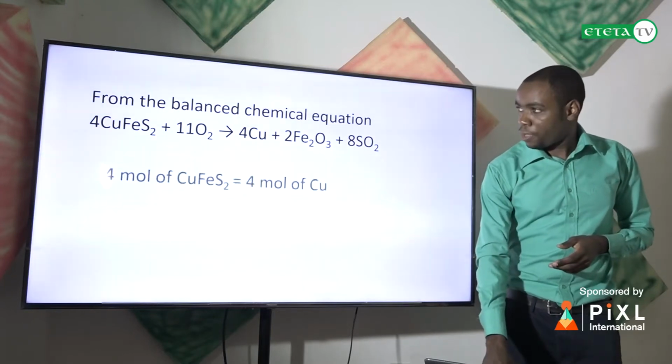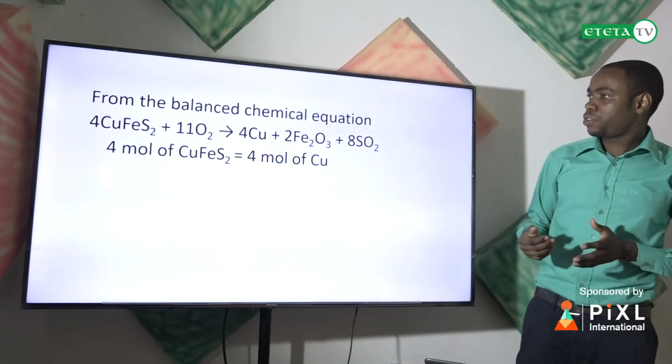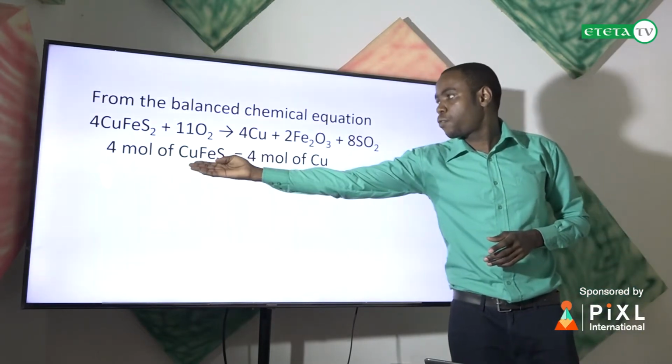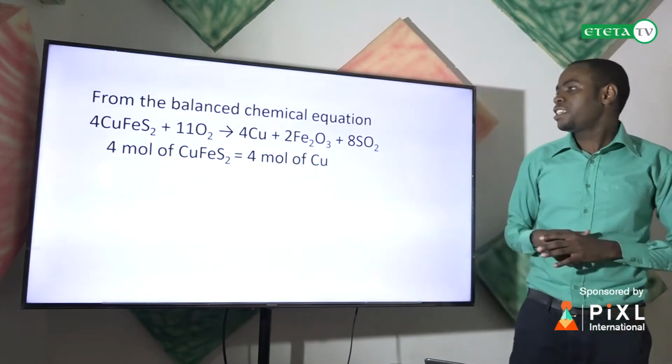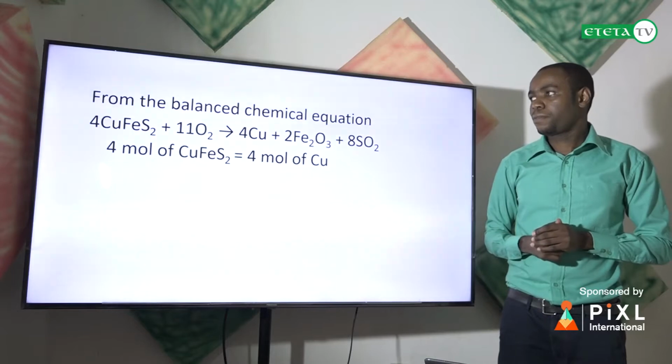So here we use the mole ratio to solve this question. From the mole ratio, it's sure that 4 moles of copper pyrite is equivalent to 4 moles of copper metal.